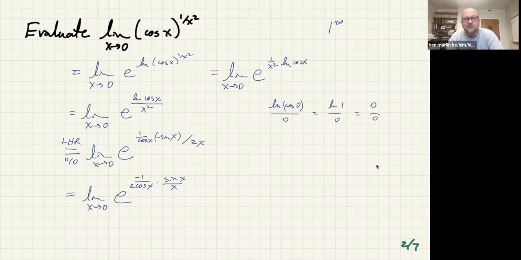And so I just lumped everything that wasn't that sine x over x into one piece, and I know I can actually evaluate those. So as I plug in the 0 for the x, cosine of 0 is 1. And so I have e to the minus 1/2 times sine x over x goes to 1. So I have e to the minus 1/2.